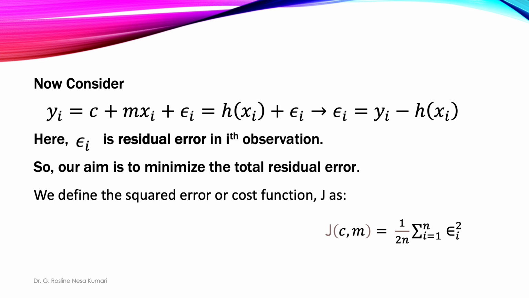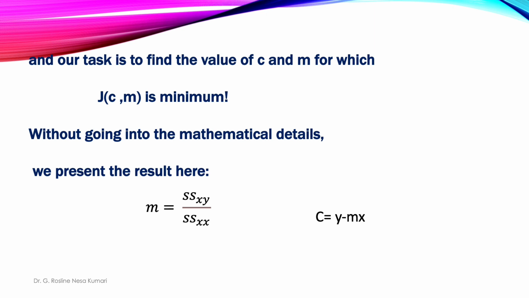As I already said, our aim is to reduce the difference between predicted output and actual output, so that has to be minimized. So we have to find the cost function, the squared error, that is equal to J of c comma m equal to 1 by 2n sigma i equal to 1 to n epsilon i squared.